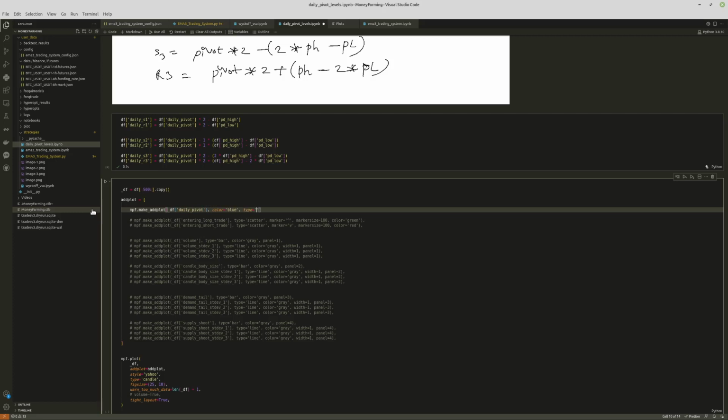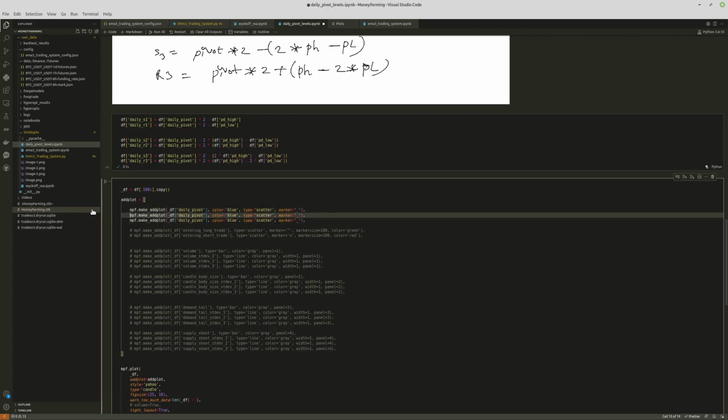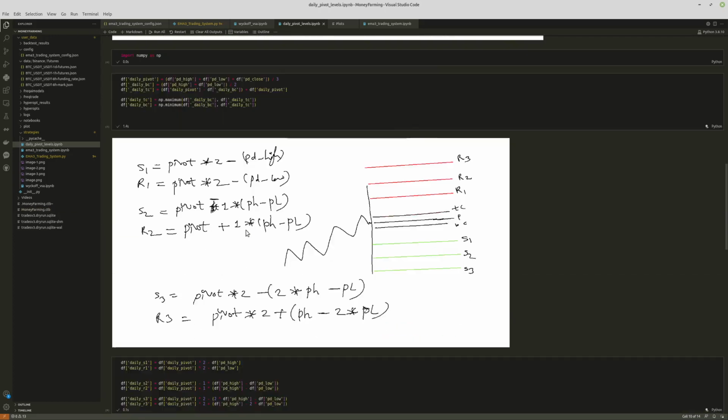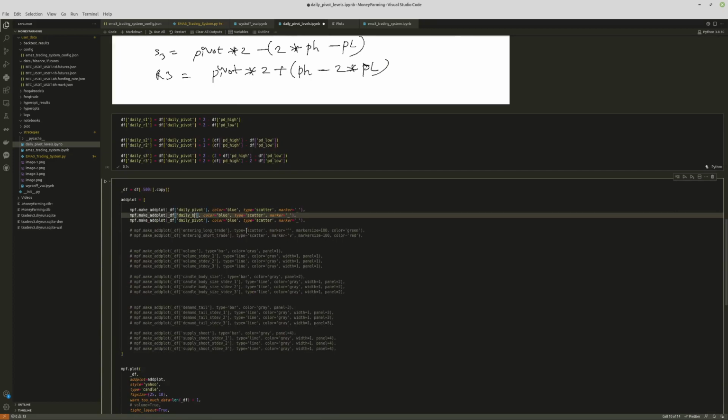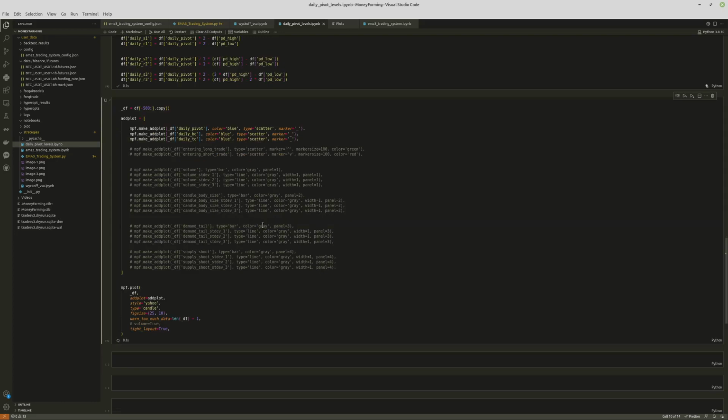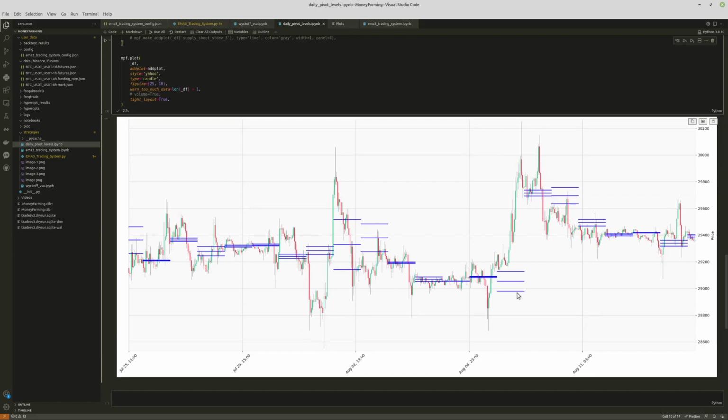Type is going to be scatter, and marker is going to be this. Daily BC, daily TC, same stuff. Let's see first this one. Okay, and then we can move on to, so see here we have our pivot points.